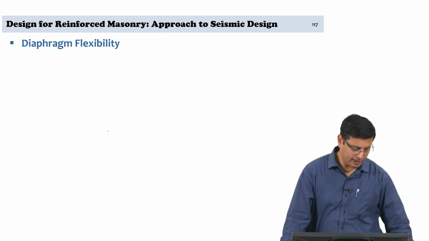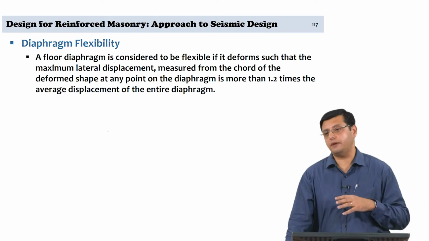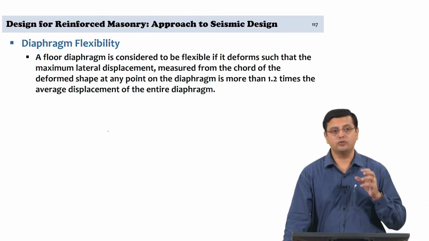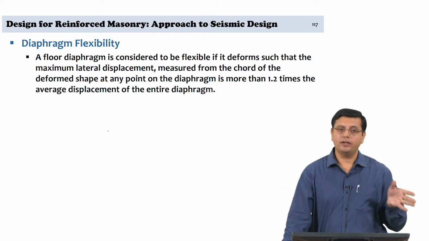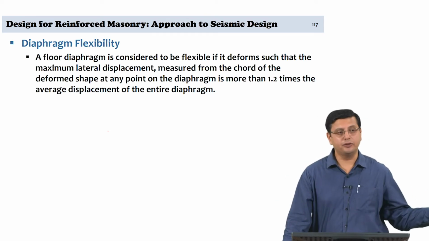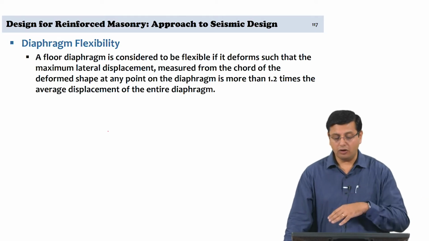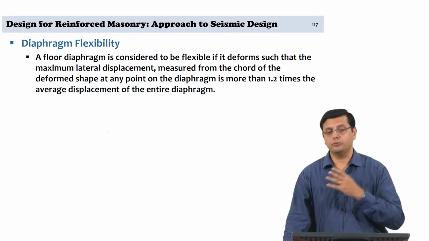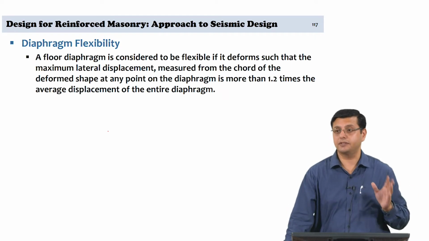So, we need some guidelines on that, and it is useful to go back to IS 1893, which defines what is a flexible diaphragm and what is a rigid diaphragm, because you need to quantitatively define that and be able to say that look, I am working with a rigid diaphragm, I can continue the calculations that I have been doing in the previous slides, or no, it is not a rigid diaphragm, we have to be careful, we cannot distribute the forces based on relative stiffnesses anymore.